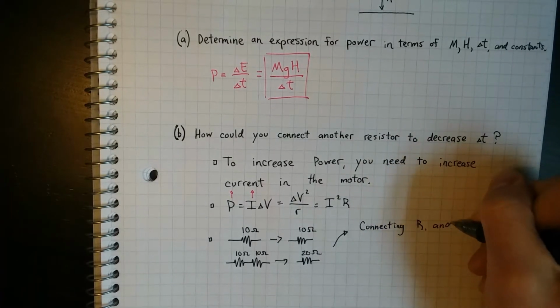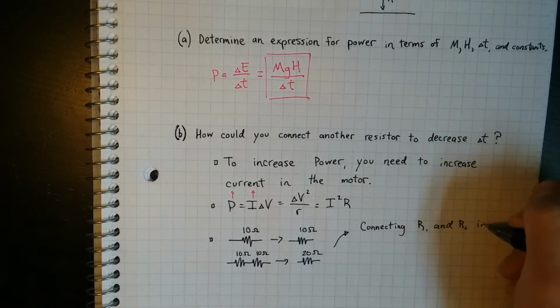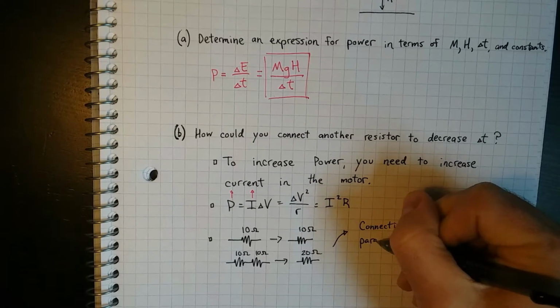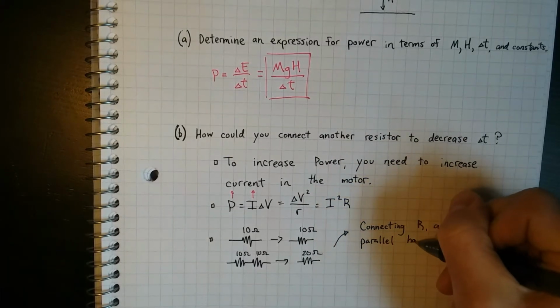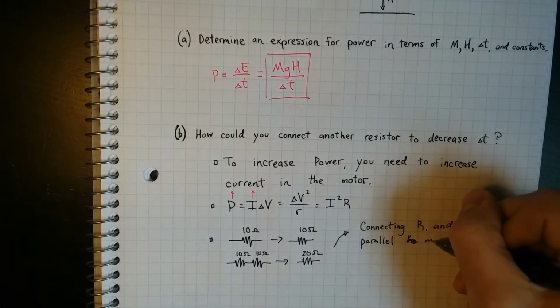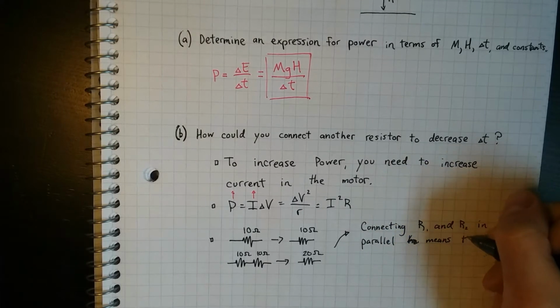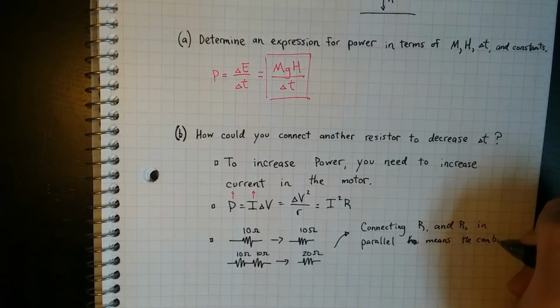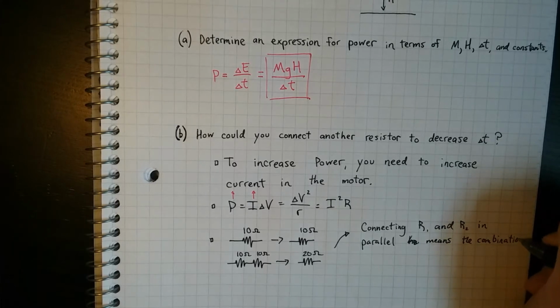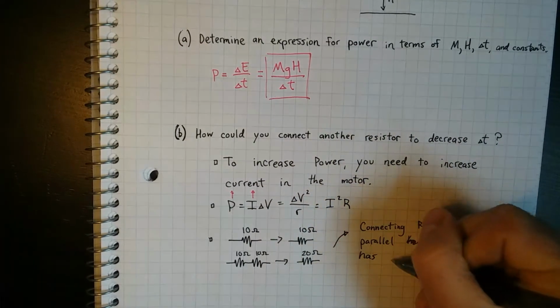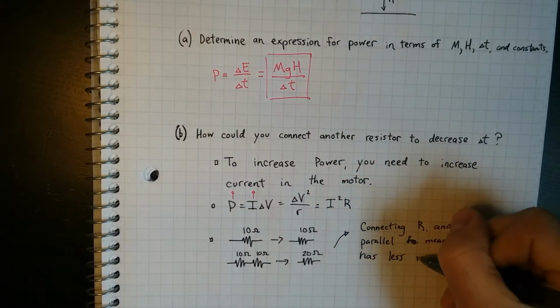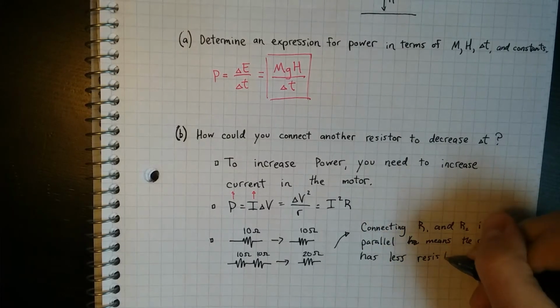R1 and R2 in parallel means the combination has less resistance than just R1 by itself.